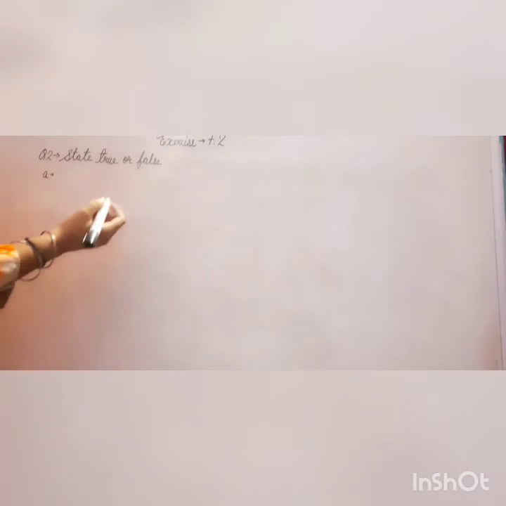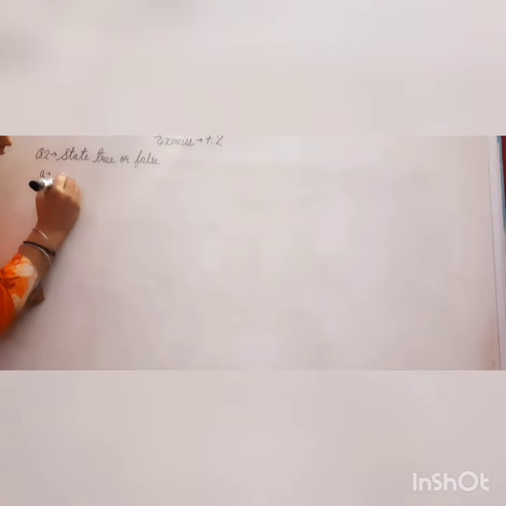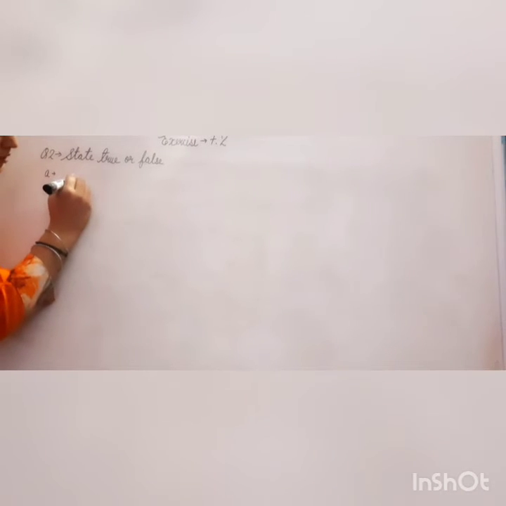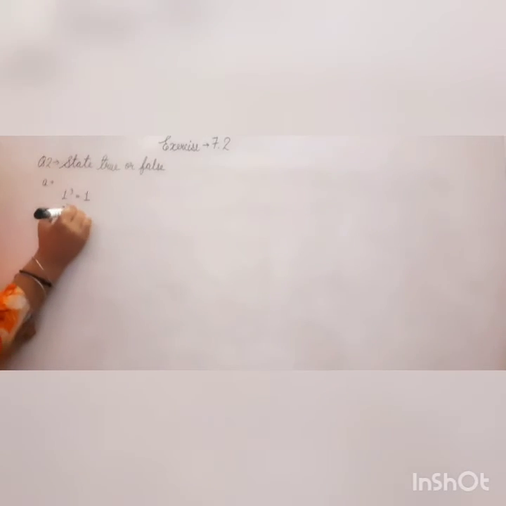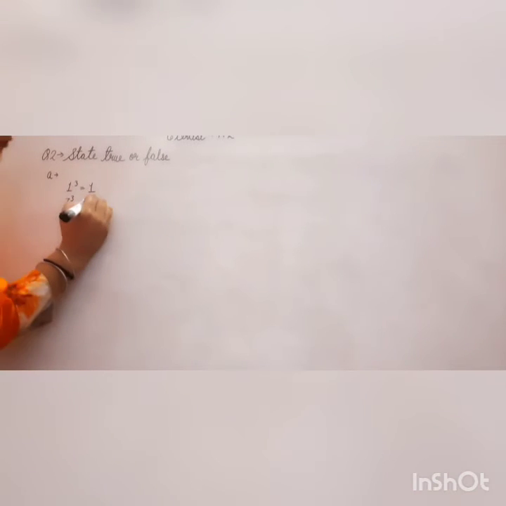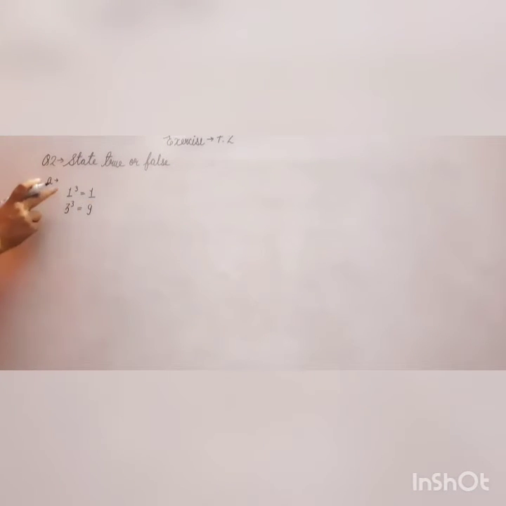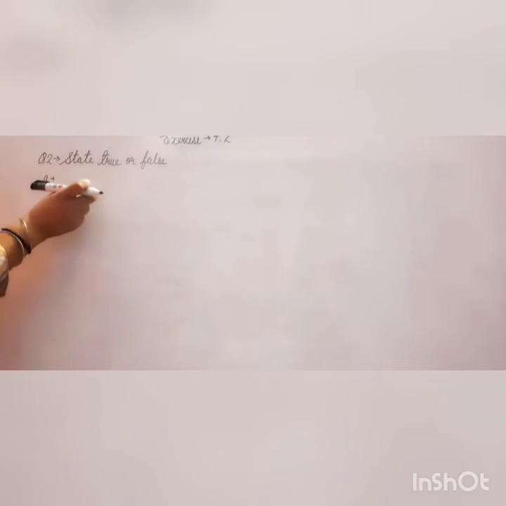I have told you, if we multiply an odd number by itself 3 times, it will come odd only. You can see here, if we multiply 3 by itself 3 times, it will come 27, an odd number. That's why your first part is false.